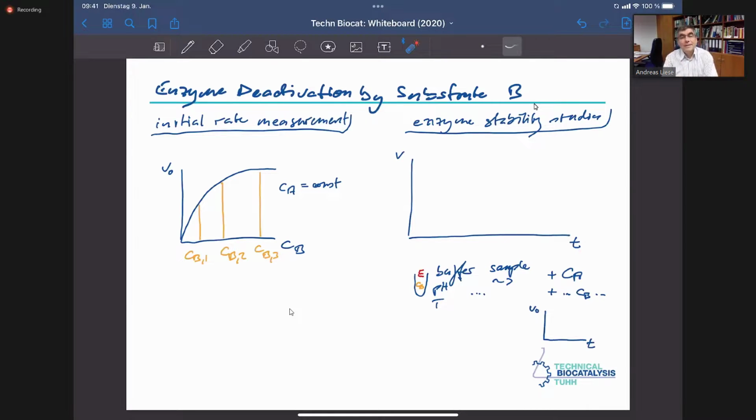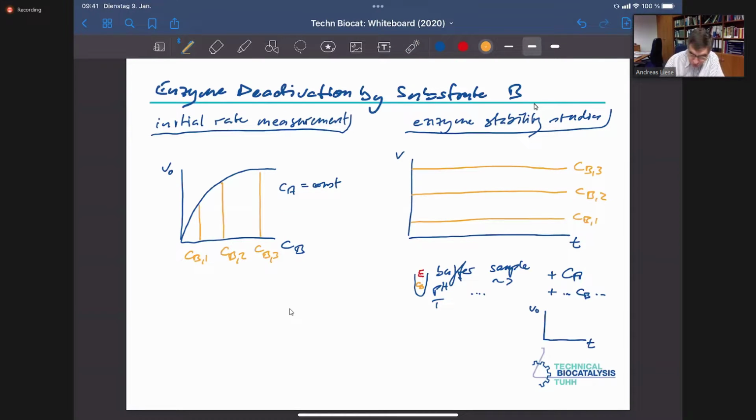Now, let's start with the ideal scenario. So we do not observe any enzyme deactivation. So no enzyme deactivation, ideal situation. If this is true, then we would result in a constant line parallel to the x-axis for the different CB3, CB2, and CB1.